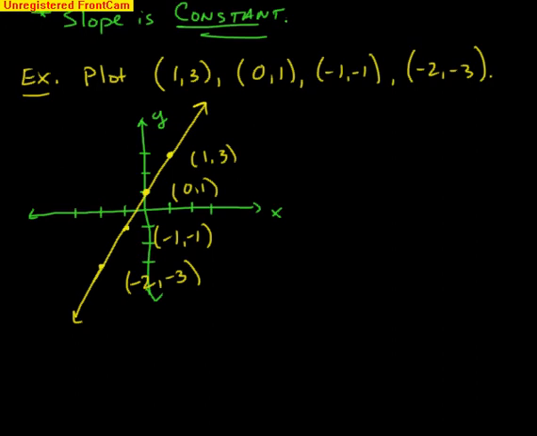So we're going to choose 2 points. Let's choose the middle 2 and then the outside 2. So let's choose these 2 points. We're going to find the slope between negative 1, negative 1 and 0, 1. And then we'll find the slope between 1, 3 and negative 2, negative 3. Okay, and I'll do it over here.